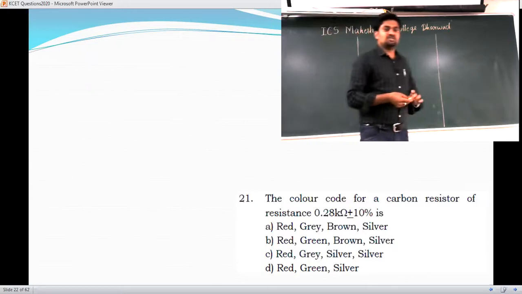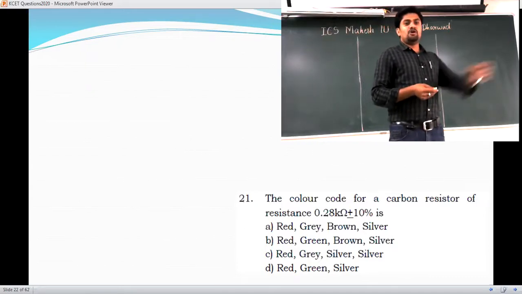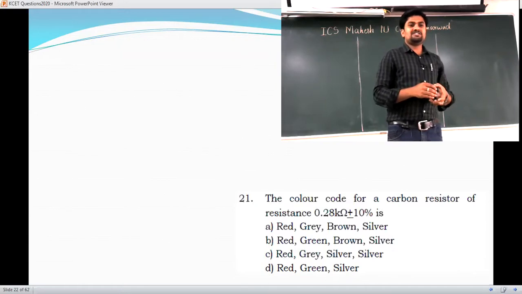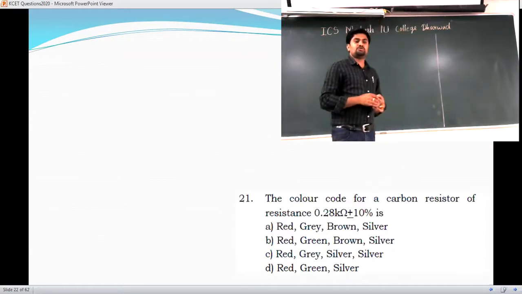The 21st question asks for the color code for a carbon resistor of resistance 0.28 kilo ohm plus or minus 10%.